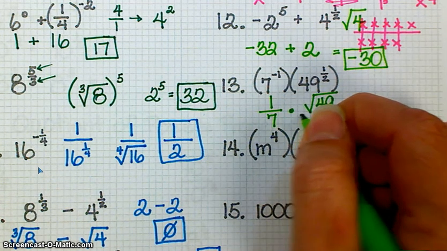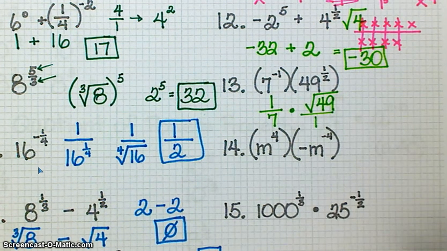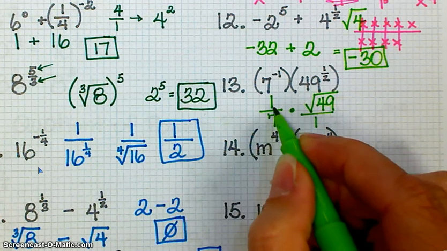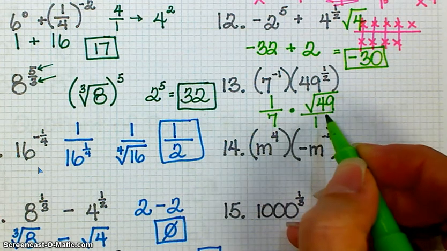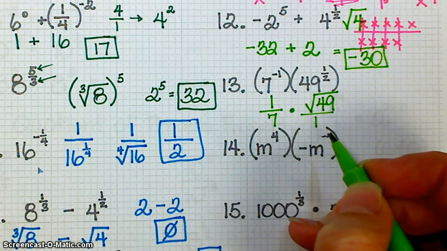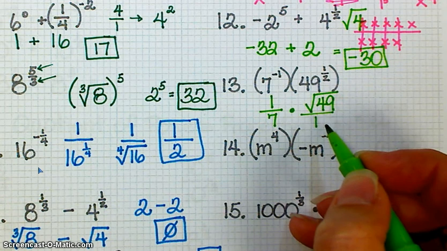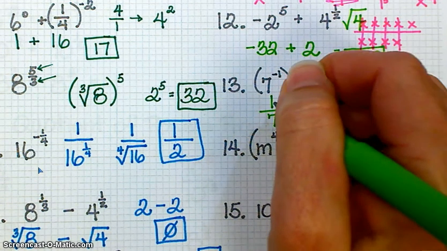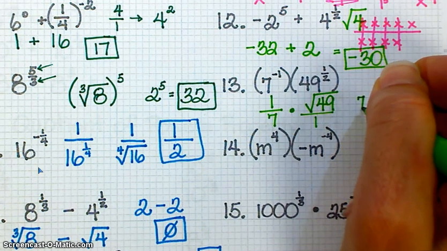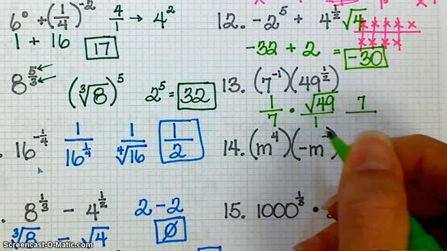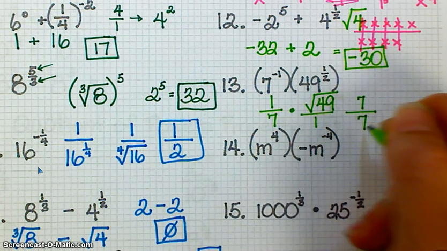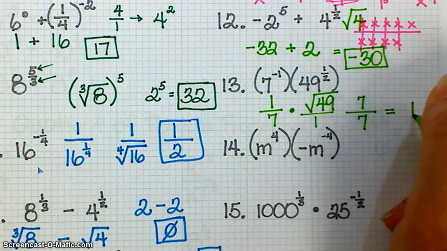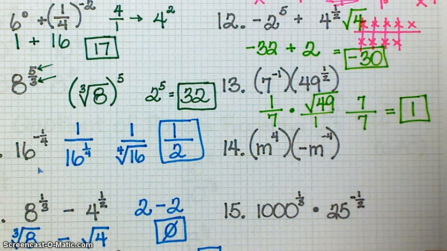And I'm just going to make that look like a fraction by placing it over 1 as well. The square root of 49 is 7, or negative 7, but we're just going to assume that we're going to use the positive roots. So 1 times 7 is 7 on the top, and 7 times 1 is 7 on the bottom. And final answer is 1.